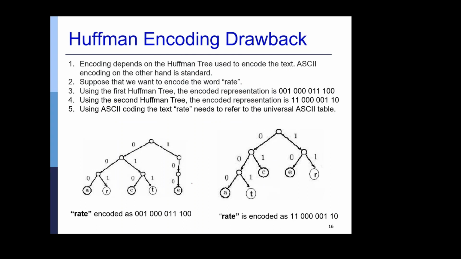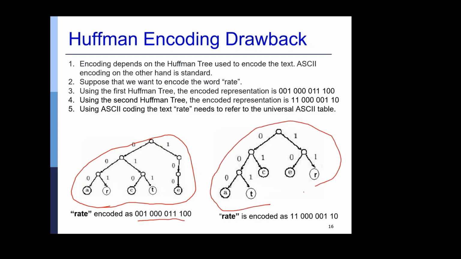You see, like this one. Using this Huffman tree, the word RATE is encoded as this. But if I use a different Huffman tree, obviously the encoded binary will be different. That's why we have to send the same Huffman tree from the sender to the recipient, so that the recipient can use this Huffman tree to decode.